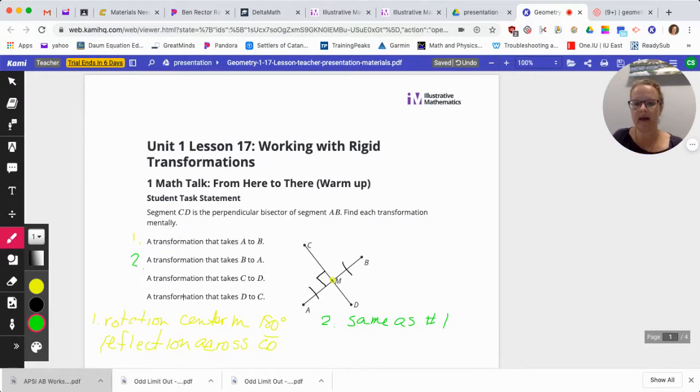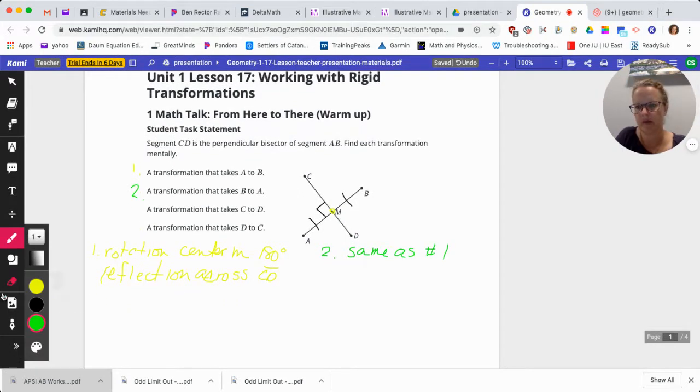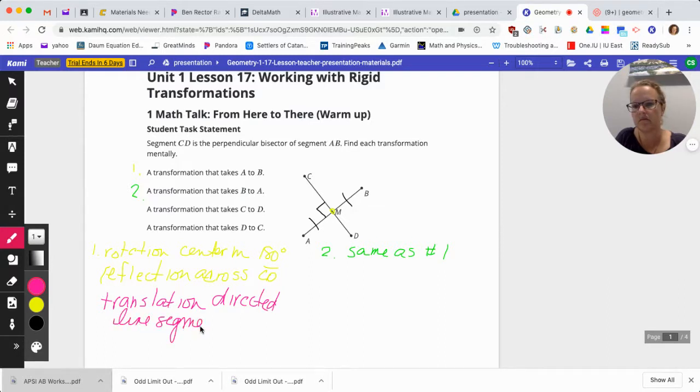Oh, I'm going to add one to this. Okay, we're going to put it in a fun color because I didn't think about it. So a translation by the directed line segment AB.